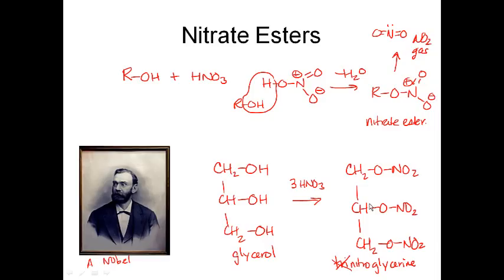And the name Dynamite Nobel is still the company that Nobel founded. The story goes, or at least the legend goes, that at the end of his life, he donated the money to form the Nobel Prizes, because he was feeling bad about some of his relatives being blown up in this process. And so that's where the Nobel Prize originated.